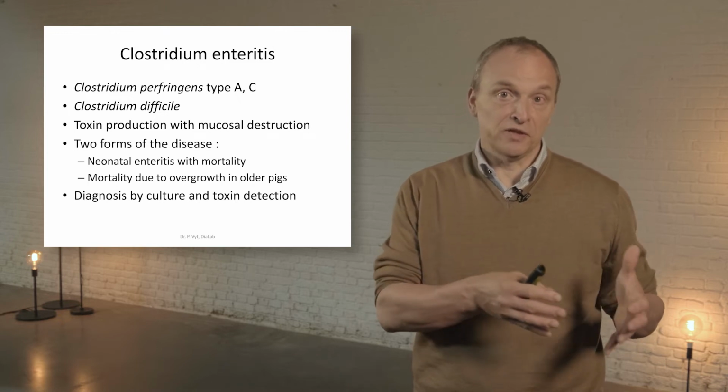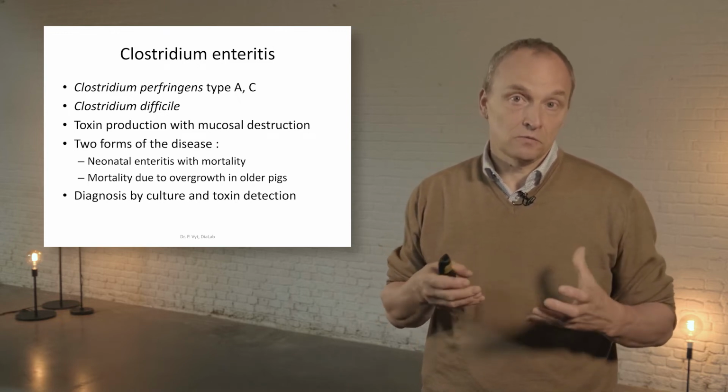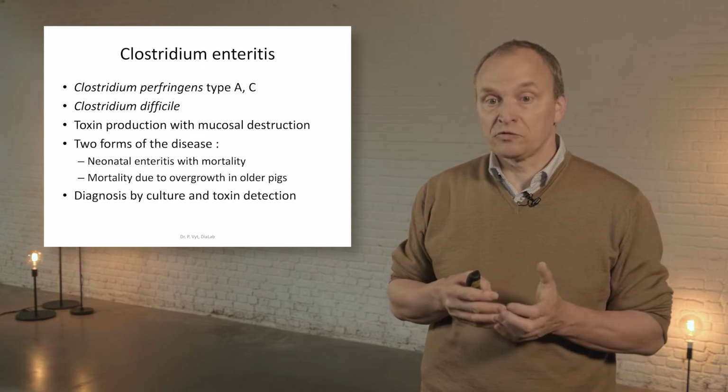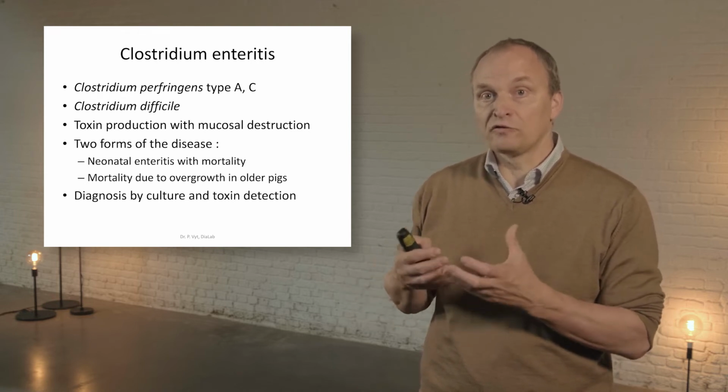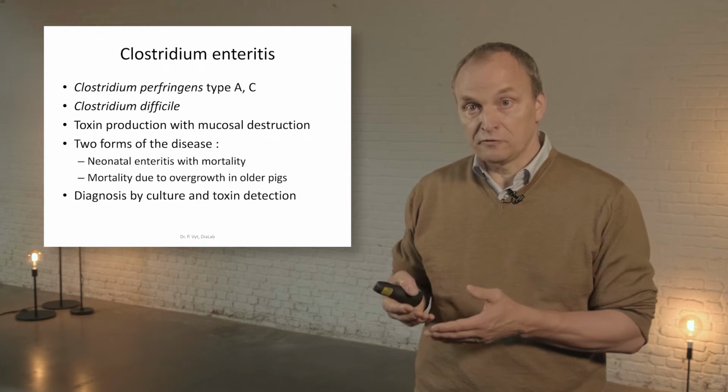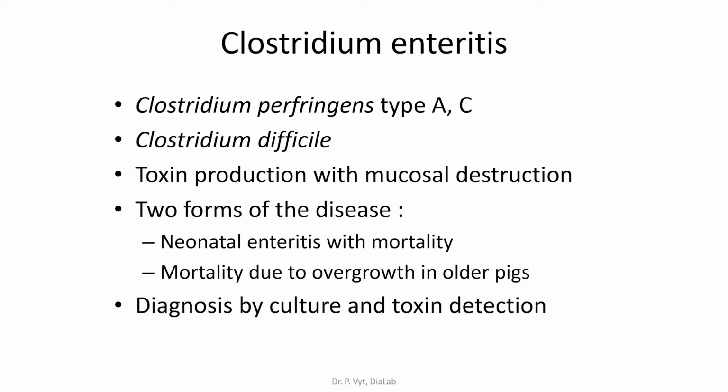We have neonatal enteritis, this is quite prevalent, and we also have mortality in older pigs due to overgrowth of the bacteria, for instance, when there is a feed change. We diagnose Clostridium enteritis by culturing the bacteria and by detection of its toxins, so that we can adapt our vaccination strategy to the results.